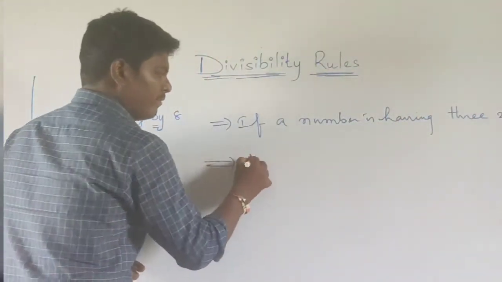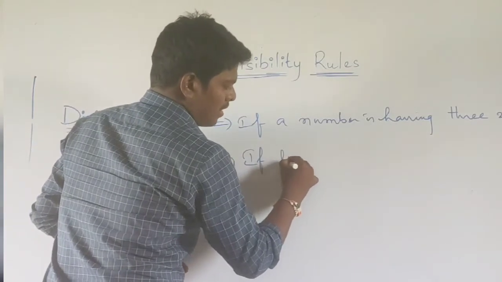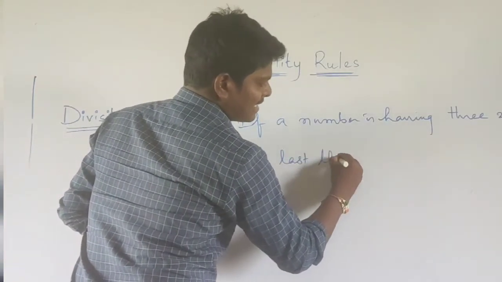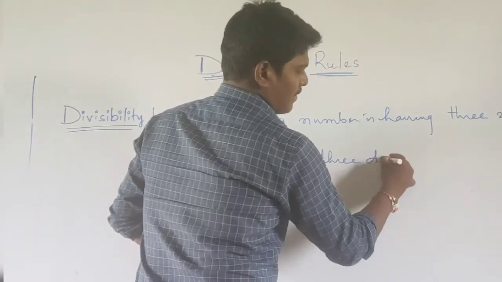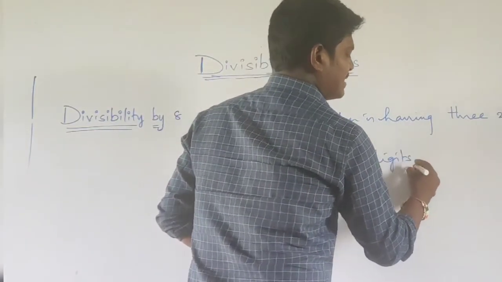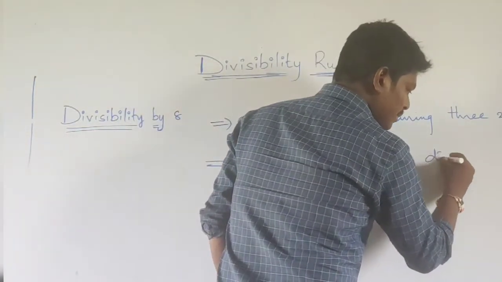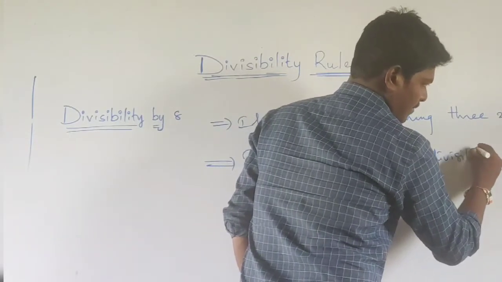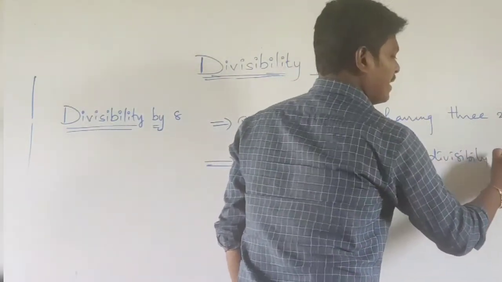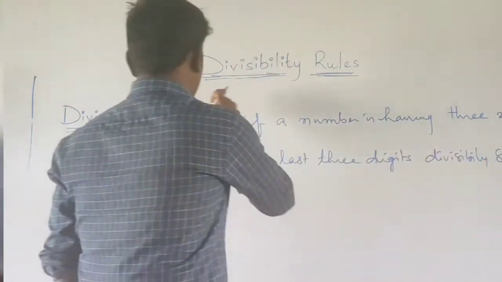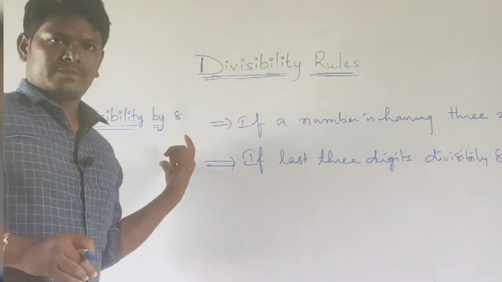Otherwise, if the last 3 digits are divisible by 8, the number is also divisible by 8.